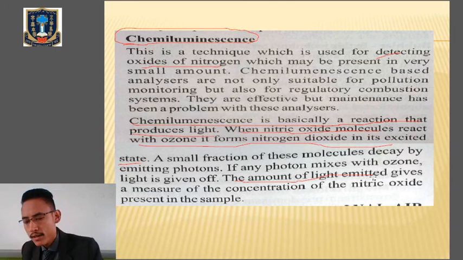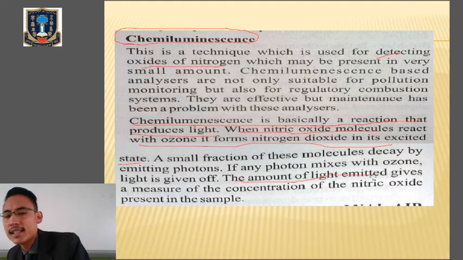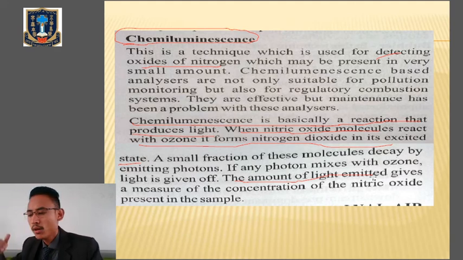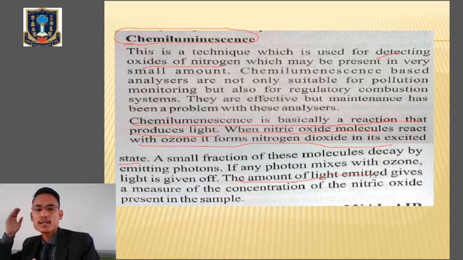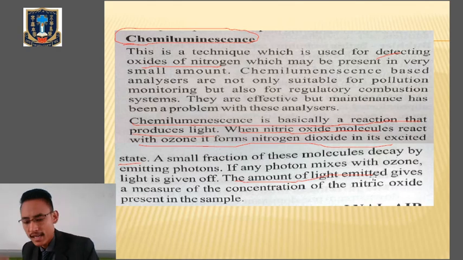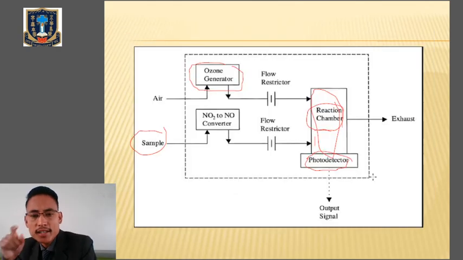When nitric oxide present in the air reacts with the ozone, it forms nitrogen dioxide in the excited state. A small fraction of these molecules starts decaying by emitting a photon. That photon reacts with the ozone and emits light, and that light is detected by the photo detector.